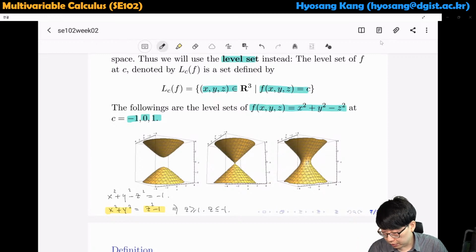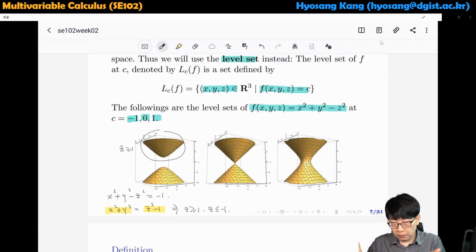So when z is bigger than 1, then you have the upper side, and x squared plus y squared equals some value. If you take the section perpendicular to the z-axis, you always get a circle, right?